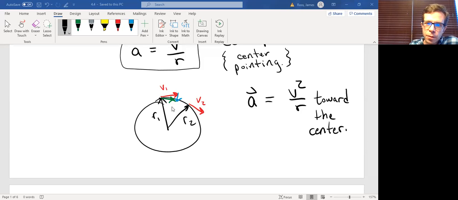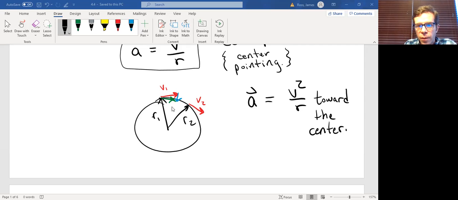If I have a circle, here's my radius, and I've got some point on the surface moving. And in order to have a tangential acceleration, then we're not moving at constant speed, right? So we're outside of uniform circular motion right now.